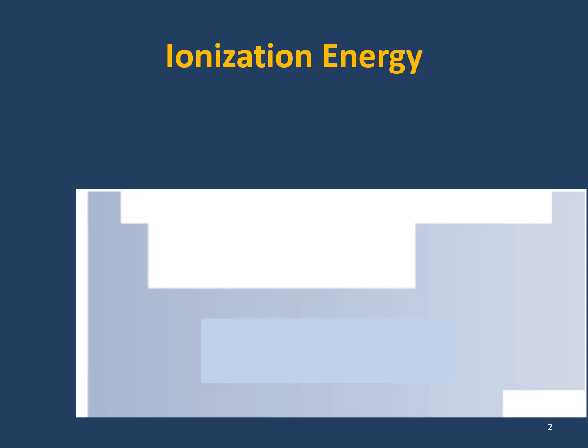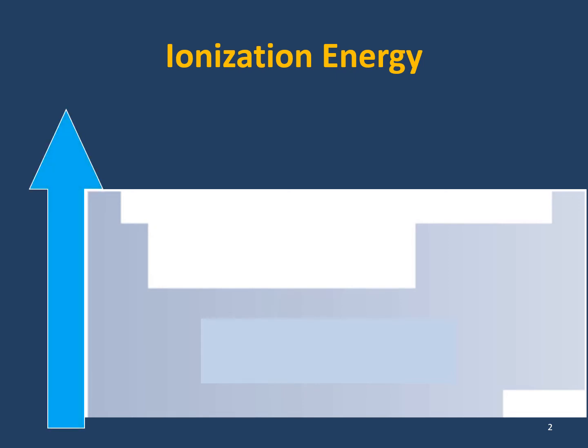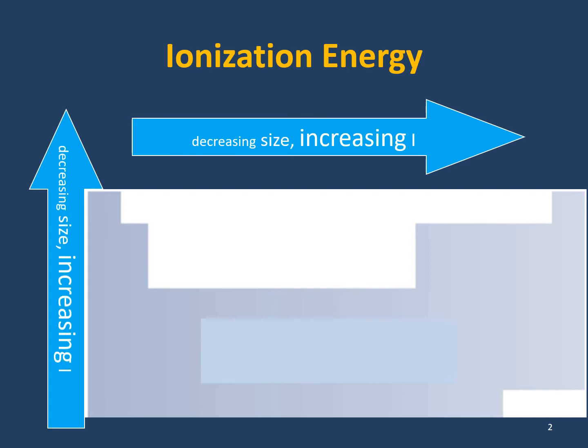But let's talk about the ionization energy trend. If we look at a periodic table, ionization energy increases as we go up and to the right. You can think about this as size. If you've ever played with magnets, the further you pull the magnets apart, the easier it is to have them stop attracting each other. So something very large, like francium down here, has its electron so far away from the nucleus that it's a lot easier to remove.